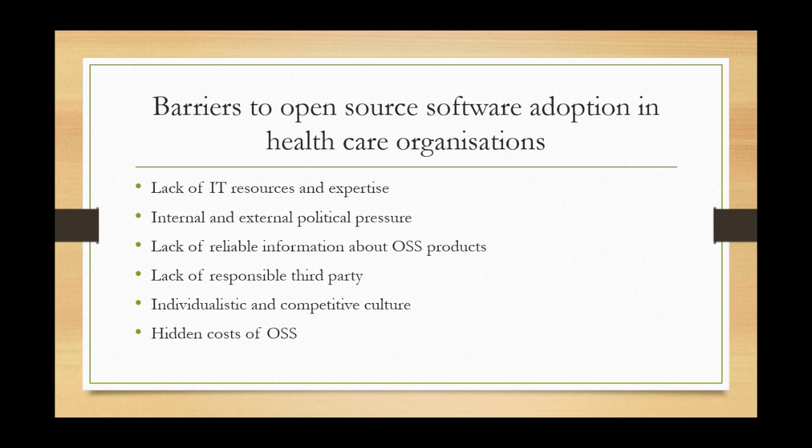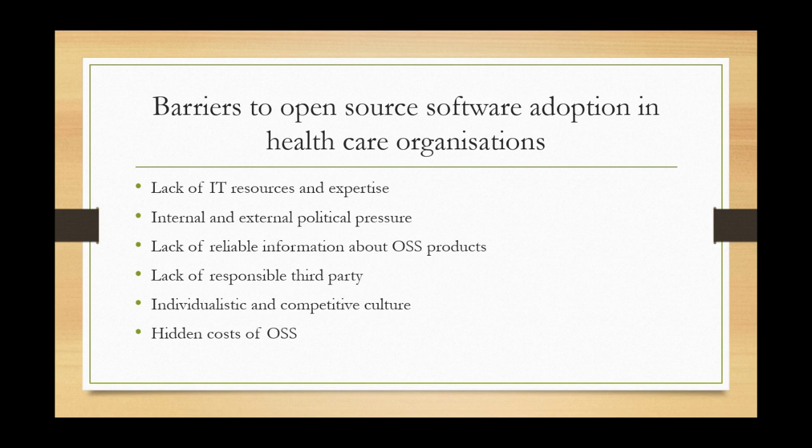Some other barriers include lack of responsible third party, and another one is the individualistic and competitive culture of people in healthcare organizations. The last barrier talks about the hidden cost of open source software. Let me explain about this. There are a number of costs associated with open source software.